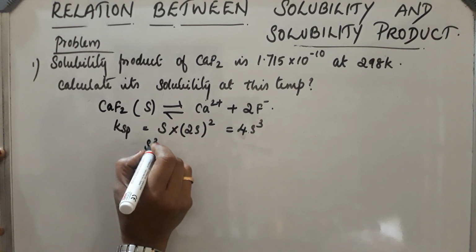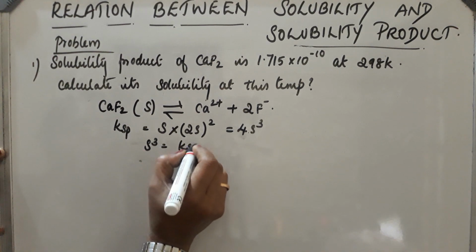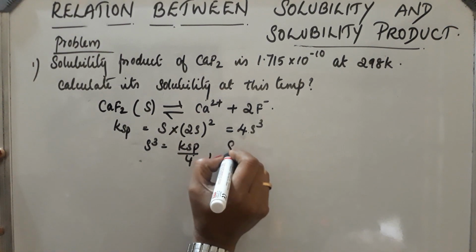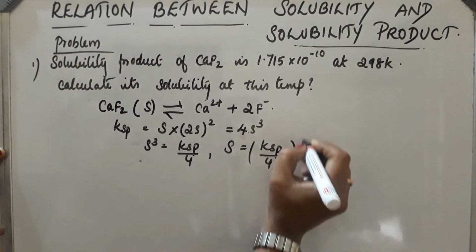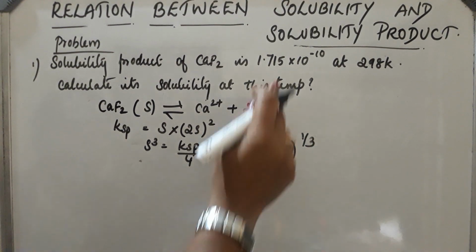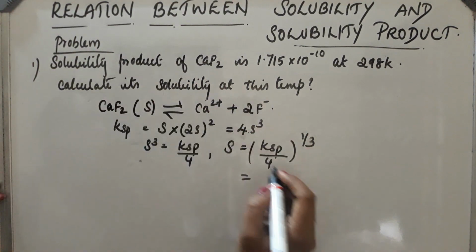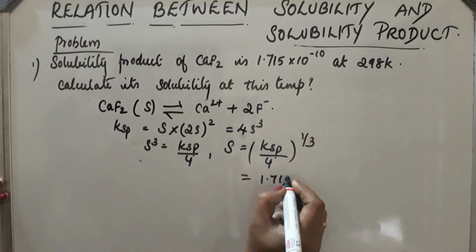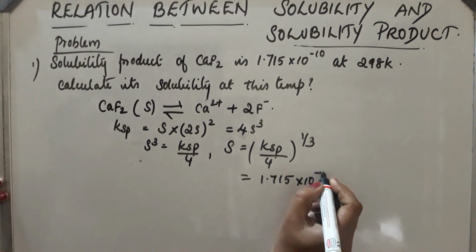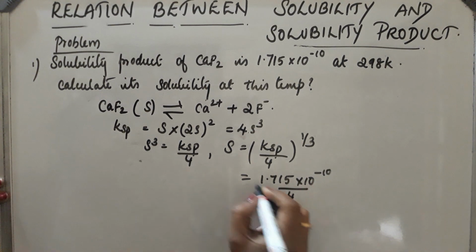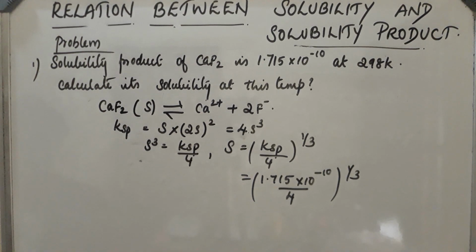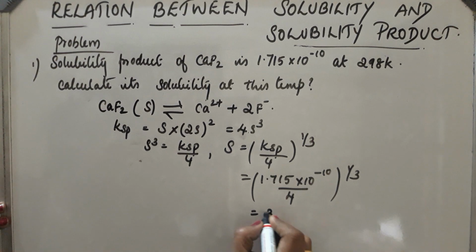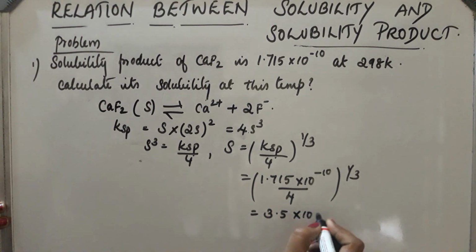So S cube will be equal to Ksp by 4, or S is equal to Ksp by 4 whole raised to 1 by 3. Ksp is given in the question. So this is 1.715 into 10 raised to minus 10 by 4 whole raised to 1 by 3, cube root of this value. After calculation, we will get the value 3.5 into 10 raised to minus 4.